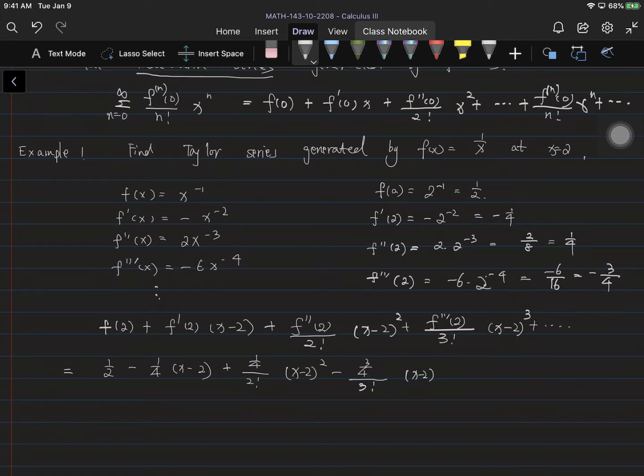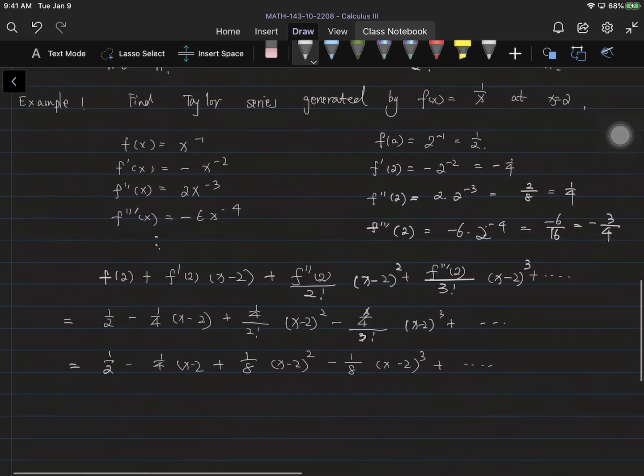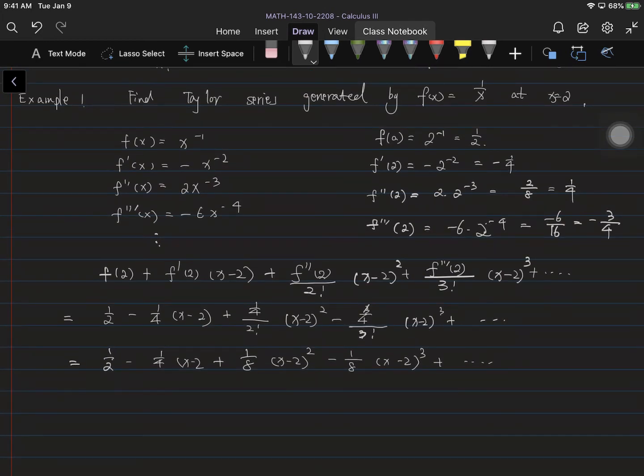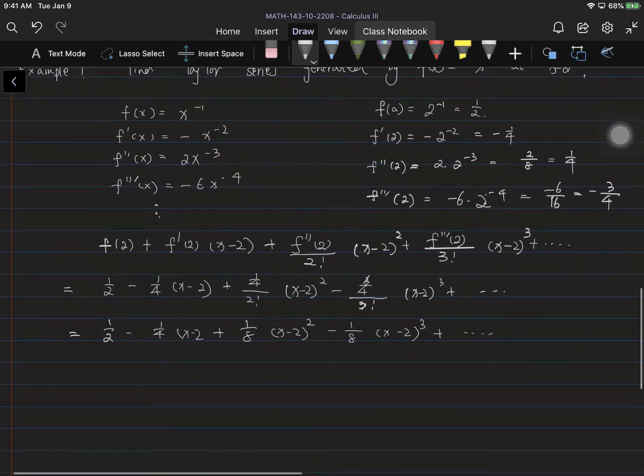Times (x minus 2) cubed. If we simplify the coefficients, 1 over 8 times (x minus 2) squared, and here the 3 cancels with the 3 factorial, and should be 1 over 16 times (x minus 2) cubed. Okay, so this is the Taylor series generated by 1 over x. Is that right?